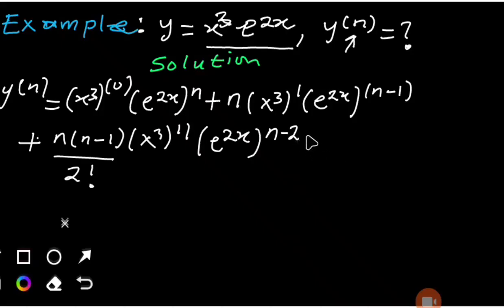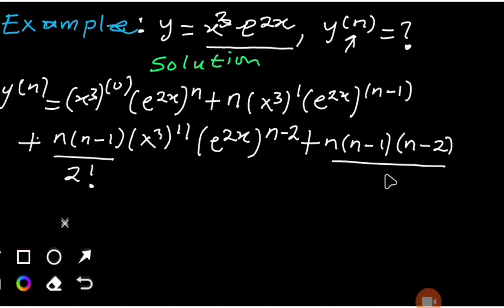Then the last but not the least. The coefficient continues: n into n minus 1, then of course n minus 2. Don't forget that you have to divide by 3 factorial. I don't have space, so let me write this down here.